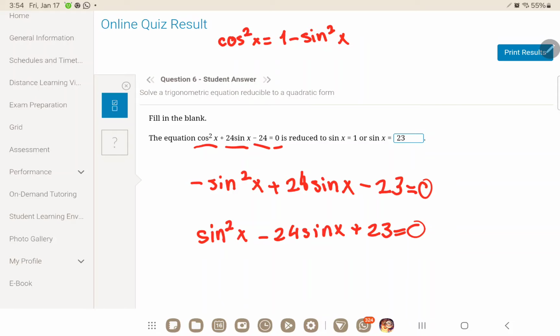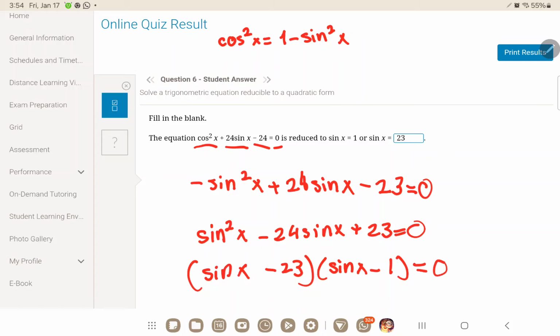Now, what we do is, again, we factor. So sine squared x minus 23, and sine into sine, oh wait, it's sine x, by the way, my bad. Sine x minus 1 equals 0.